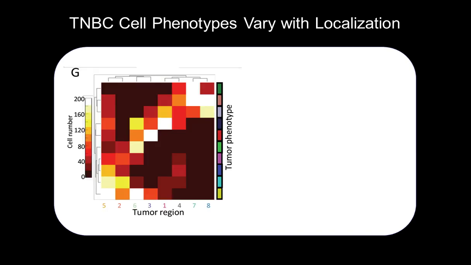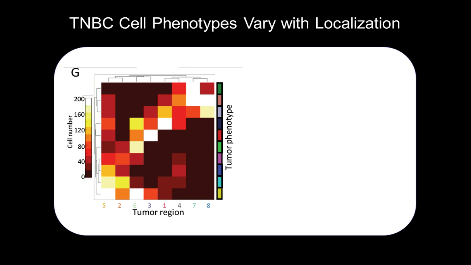And to look at this a little more quantitatively, we can enumerate each of the tumor types by region here, and you can see again there's a strong correlation between the region identity and the number of cells in it. And more importantly here, this map is hierarchically clustered, so the tumor phenotypes that are most similar to one another are close together on the map.